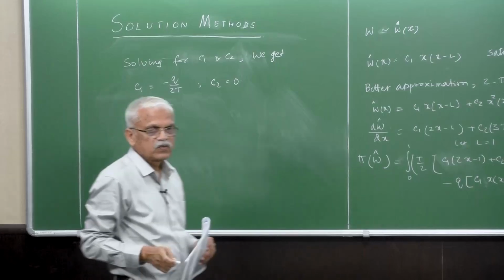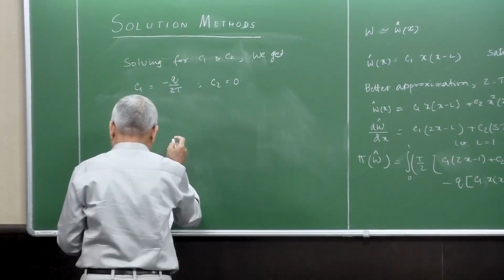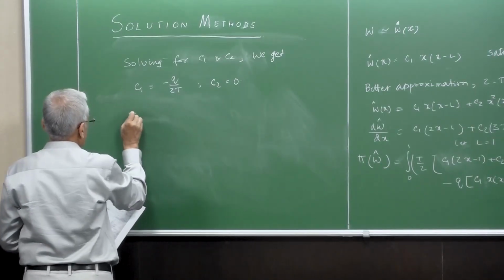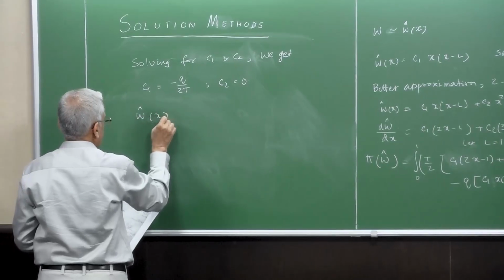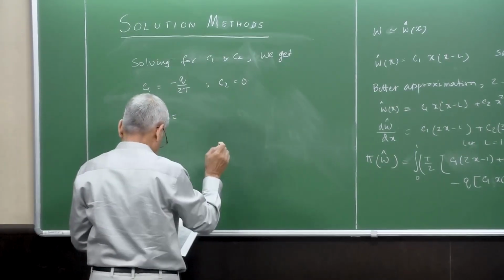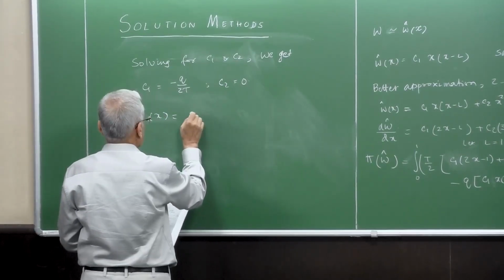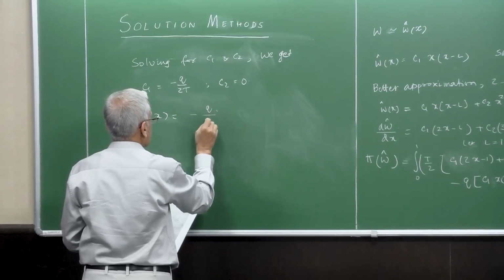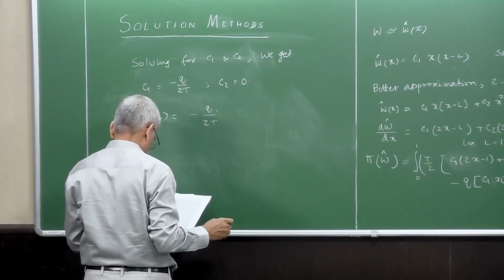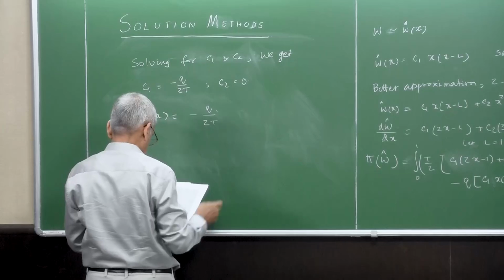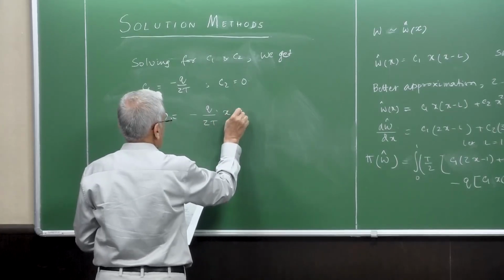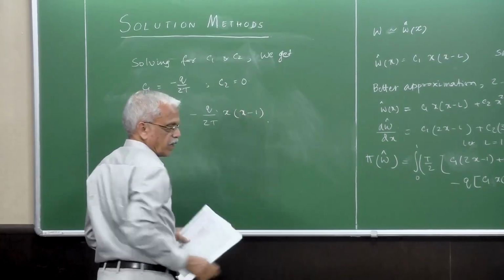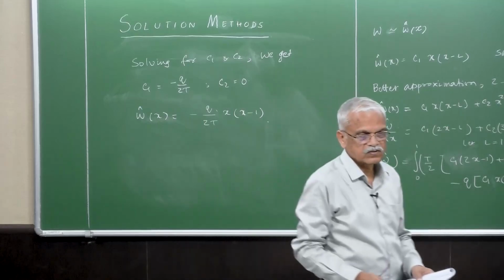So these are the two coefficients which we get here. And so finally we have W hat is equal to minus Q by 2 T. Okay. So this is the solution.